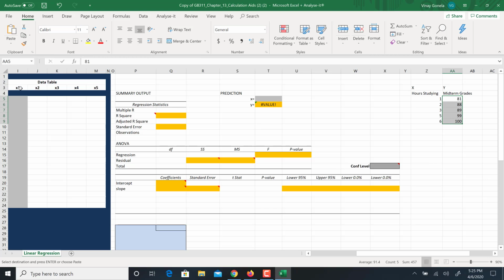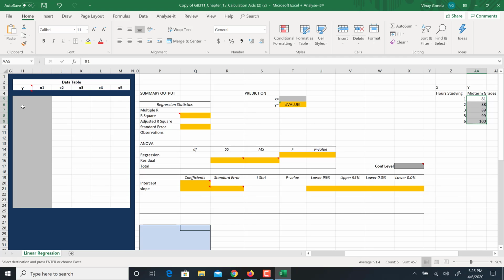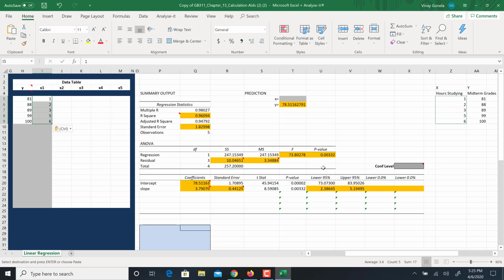Here if you see, it starts with x1, x2, x3, so you need to scroll to the left to find y. So y I'll copy here, and x will be here.